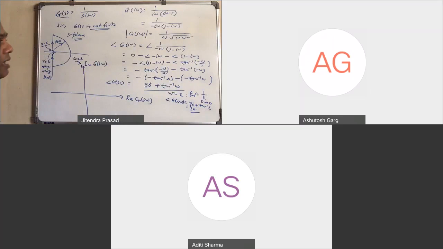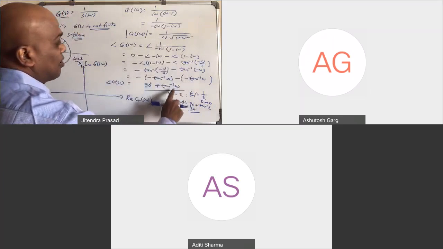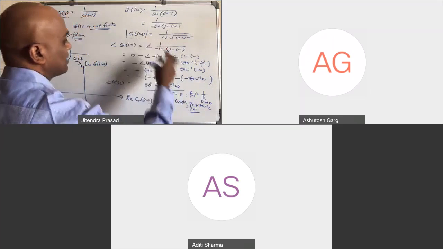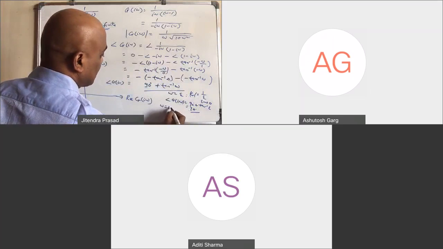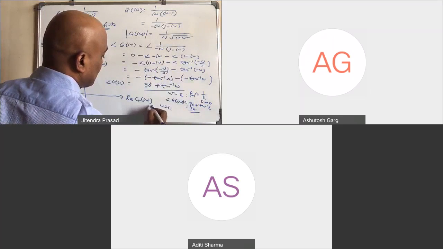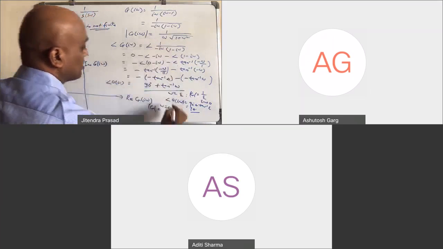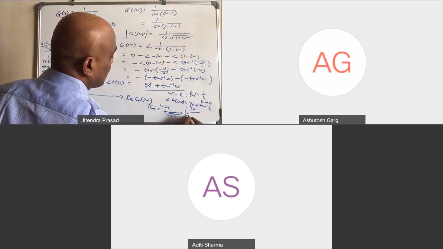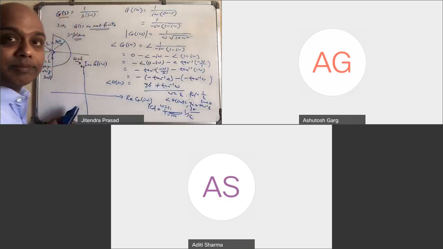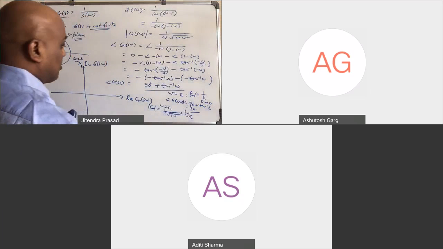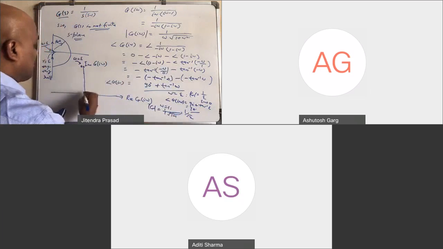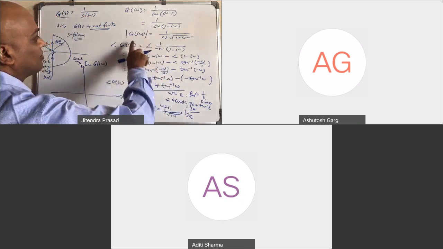Now, second thing we can do is omega equal to 1. Say omega equal to 1, and what value it gives. At that, we will get a magnitude or gain equal to 1 over root of 1 plus 1, which is 1 over root 2. And what is the value of the angle?